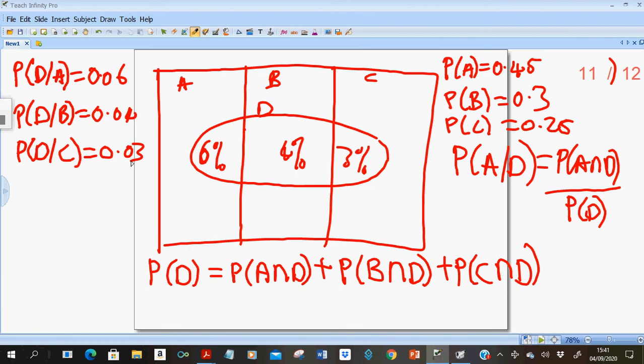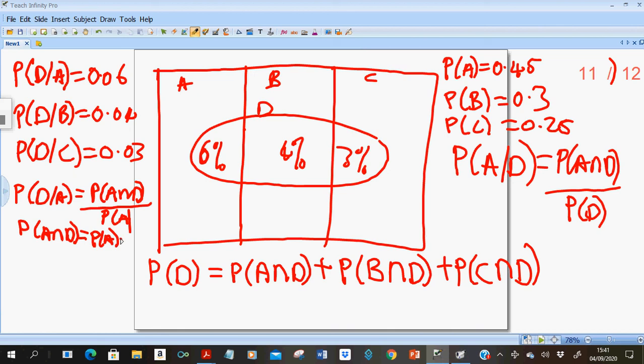And remember, if we have the probability of D given A, this is just the probability of A intersection D over what? Probability of A. So you can cross multiply to get the probability of A intersection D, which just gives you the probability of A multiplied by the probability of D given A.